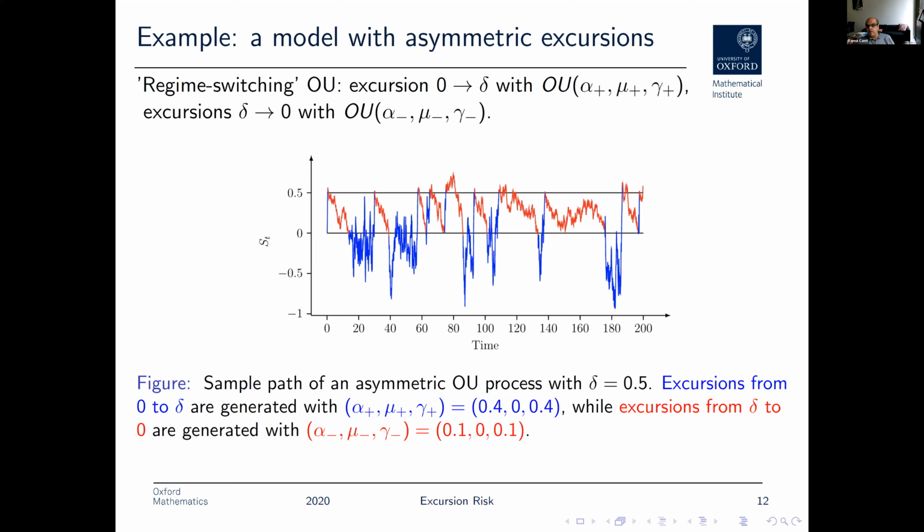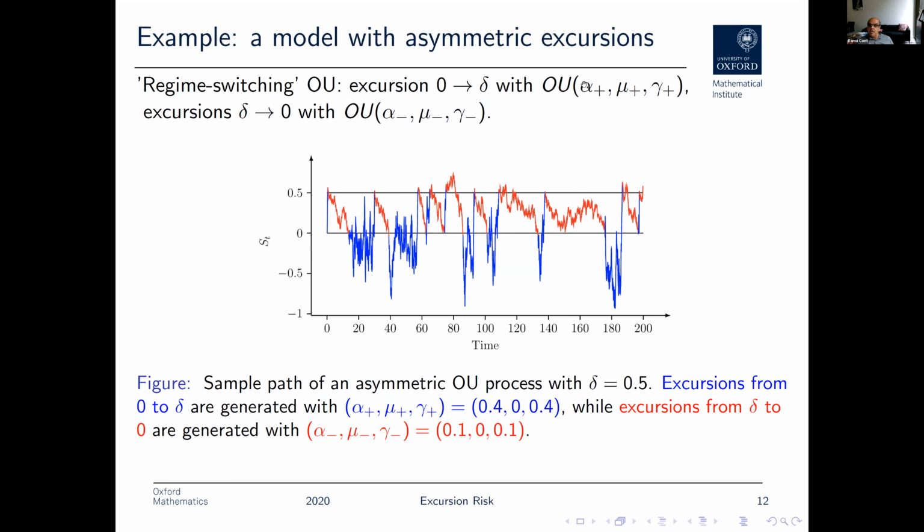Let's say that I study my data, and as we saw in the graph that I showed you earlier, we conclude that when the signal goes up from 0 to delta, it has some Ornstein-Uhlenbeck dynamics with some parameters, but when it comes back from delta to 0, it comes back much slower. And it has another dynamics, which I can also model with Ornstein-Uhlenbeck, but with different parameters, alpha minus, mu minus, gamma minus. Okay, can I build a process which has such asymmetric excursions?